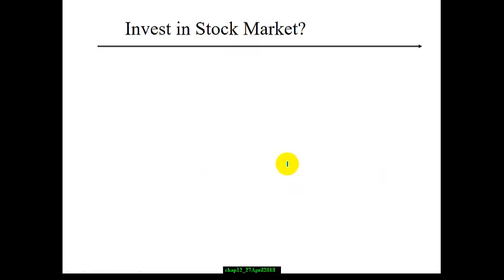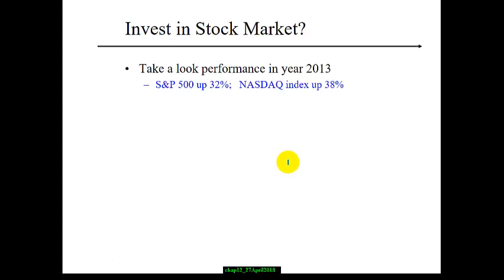Are you interested in investing in the stock market? Do you know what kind of return you might receive? Let's take a look at stock performance in year 2013. S&P 500 and Nasdaq index are up more than 30%. There are winners like Fannie Mae and Freddie Mac, which returned around 1,000%.